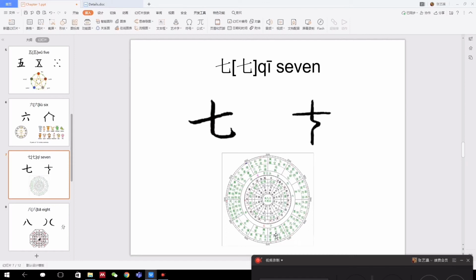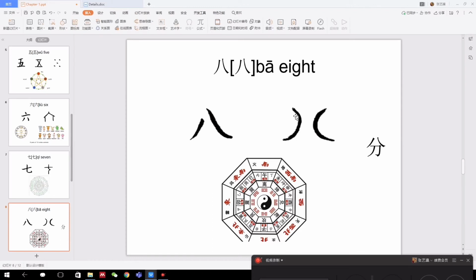The next character is 八. The oracle of 8 also means to divide, and it gradually becomes 8. At first, it means divide, and now people are not writing divide in this way. So now they write divide in this way, 分: they put an 8 above and a knife below. And now the 分 represents the ancient meaning of divide.